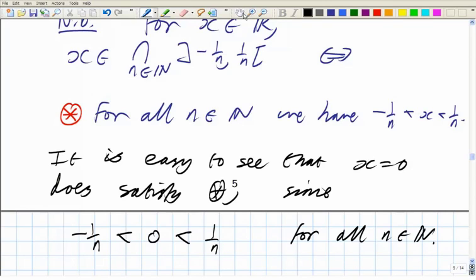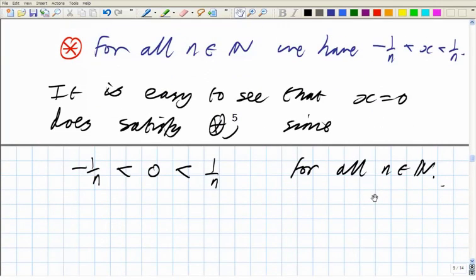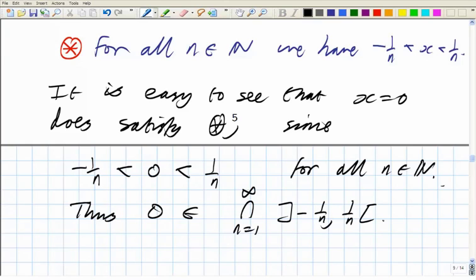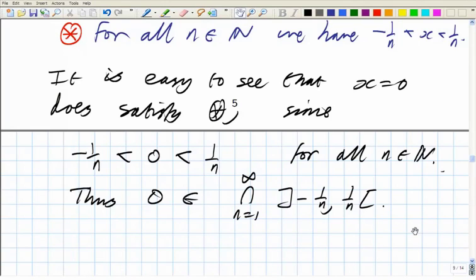So that's okay. So what does that tell you? So far, what you've got is that 0 is in the intersection. We claim that there aren't any other points that satisfy condition star, and then you've identified what your set is. So we claim there are no other solutions to star.